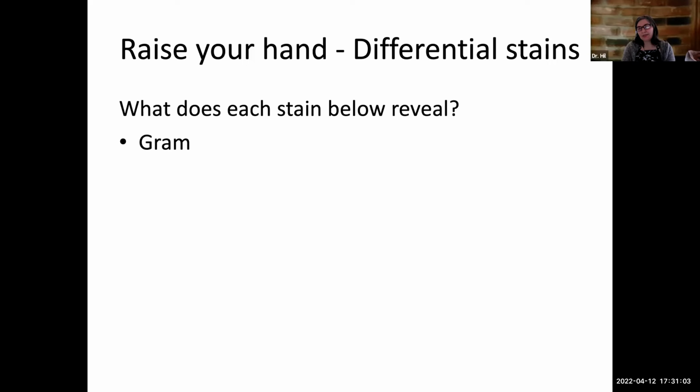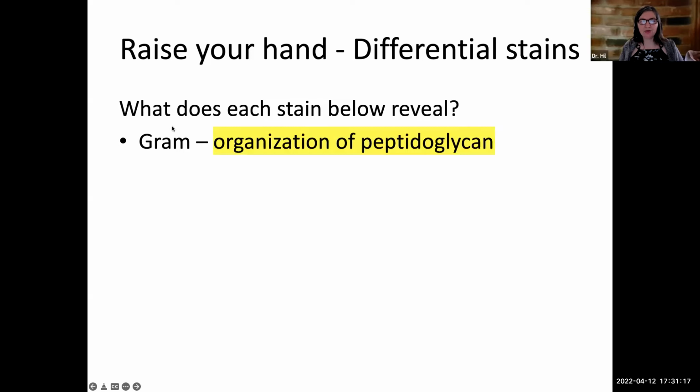Now, when we get to chapter 4 next week, we're going to talk in more detail about gram stain organization, gram-positive cell wall versus gram-negative cell wall, what that really looks like. And you will have to know that detail. So what it comes down to is whether the cell wall is thin or thick. And it has to do with the organization of peptidoglycan. Bacteria all have peptidoglycan, but how it's organized is different between the two types.